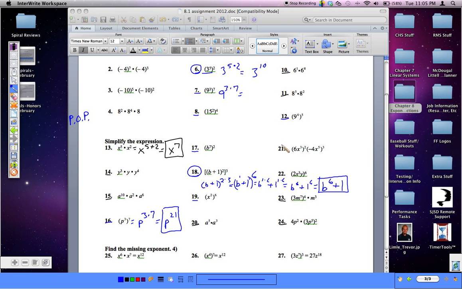Now 21 has some extra steps to it. It has a power of a power taking place. Base number 6 has an exponent of 1 because there's 1 6. X, there are 3 of them. For negative 4, it has an exponent of 1, and this x has 5 of them.